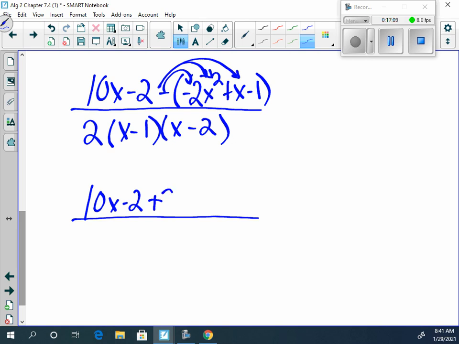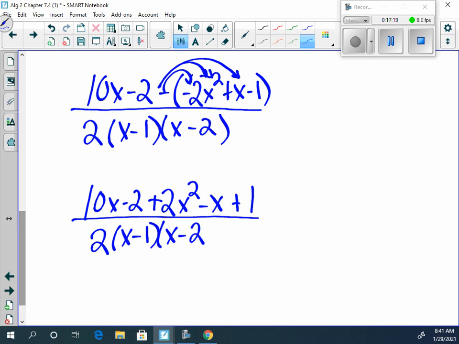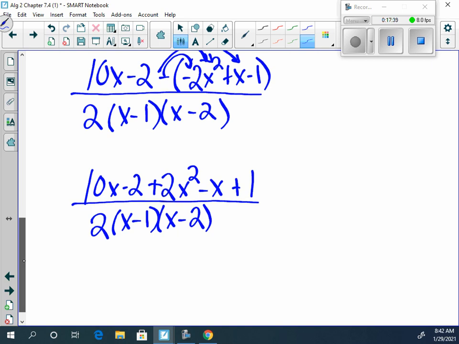So the negative gives us plus 2x squared. Negative and a positive gives us negative x. And then we have our plus 1. So if you need that extra step to make sure that you have the signs correct, I would do that because it's going to be the difference between getting these answers correct and getting them wrong. Because one sign change makes a world of difference.